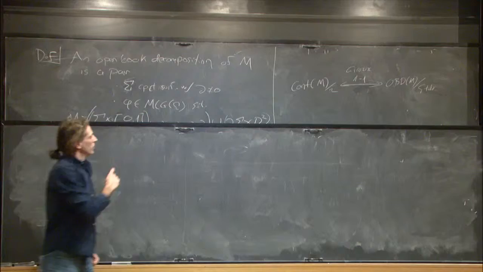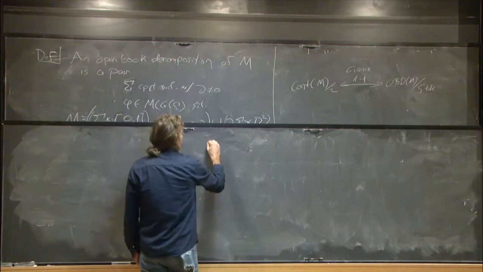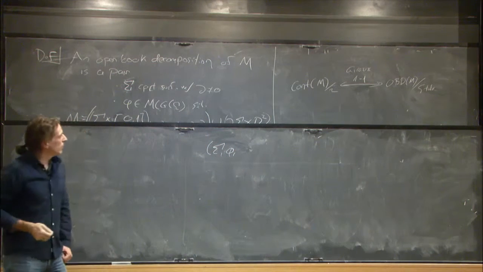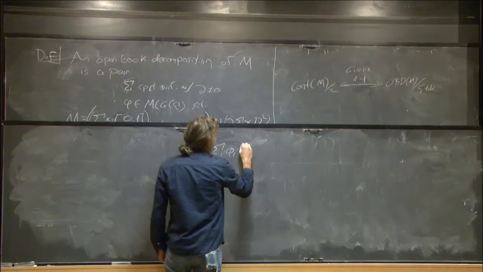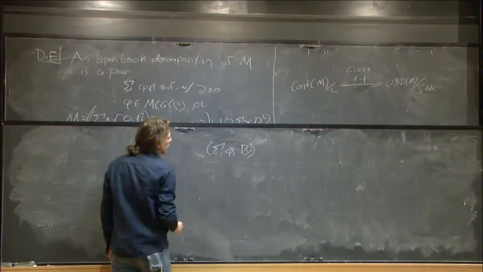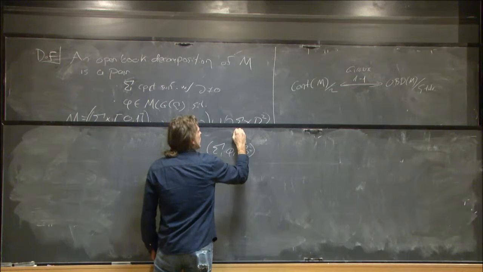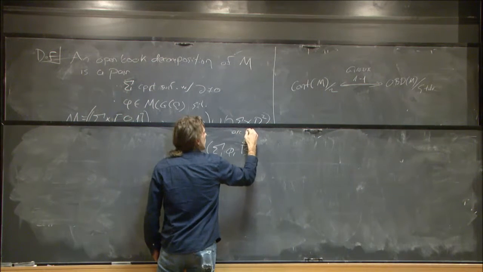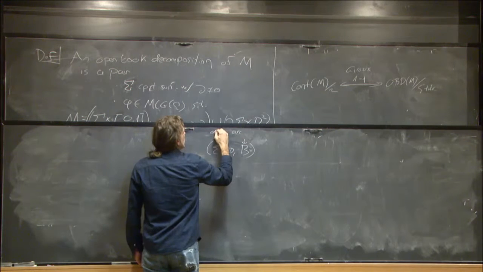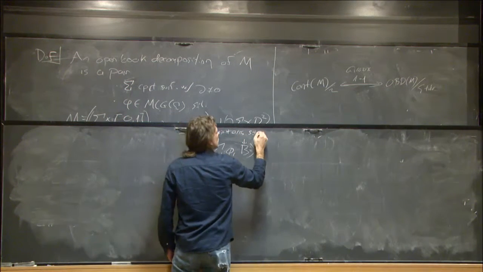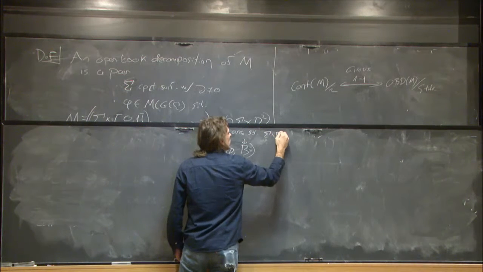Right, so we start with an open book decomposition. And in fact, we want a little bit more. We want to also have a basis of our surface. So open book decomposition and a basis, which just means this is a collection of disjoint arcs such that if we cut along them, we get a disk.